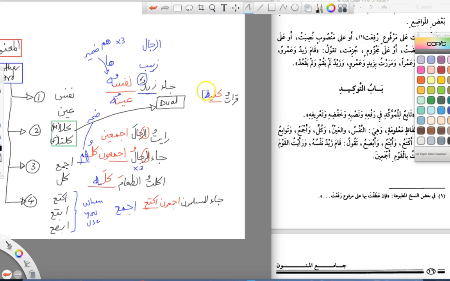Huma: you have to bring a dual damir at the end of it, or an ism zahir. You can say qara'tu kilayhima. Now you see, this word kila, you can either attach it to the end of a damir, or you can attach to it an ism zahir.